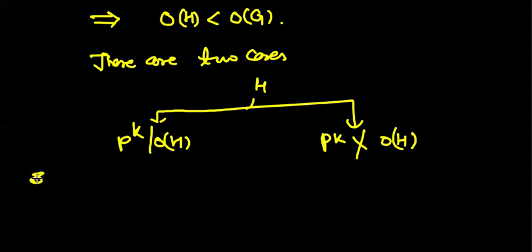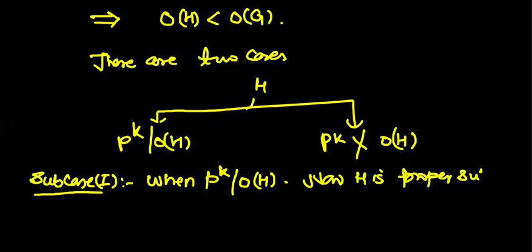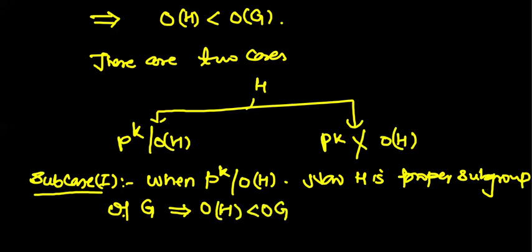So we can take subcase 1, when p raised to power k divides the order of H. Now, H is a proper subgroup of G. This implies the order of H is less than the order of G.